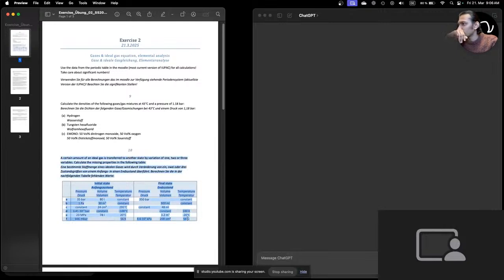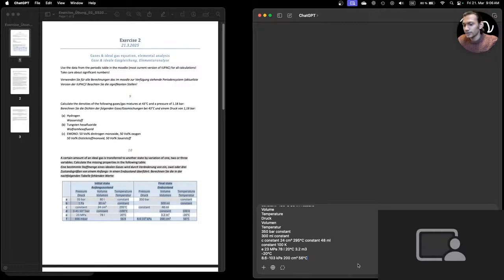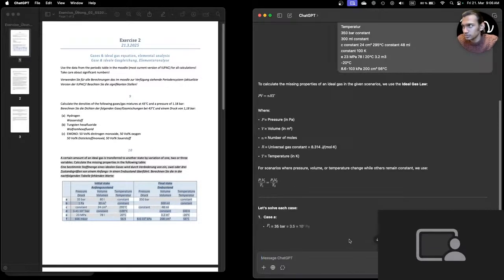Let's see what ChatGPT says. To calculate the missing property for the scenario where pressure and volume change while the others remain constant. Why is the number of moles constant?